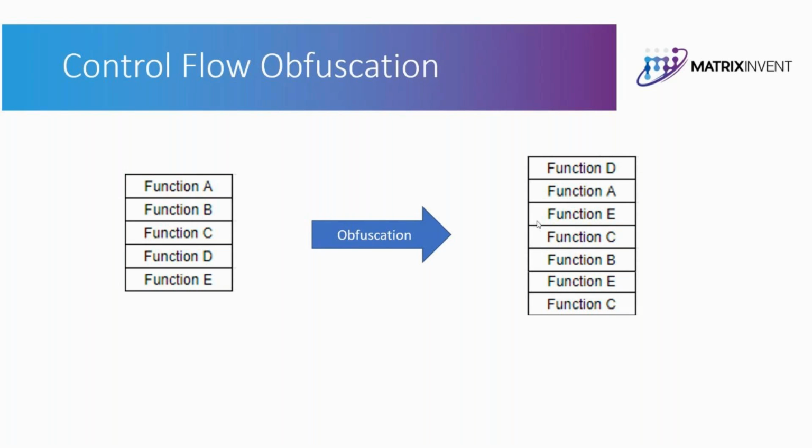It's an essential step to increase the complexity of the program logic so that even the decompiler will not be able to trace it. For example, GuardSquare's DexGuard and iXGuard obfuscate the control flow of the code inside the method to hinder automated and manual code analysis.